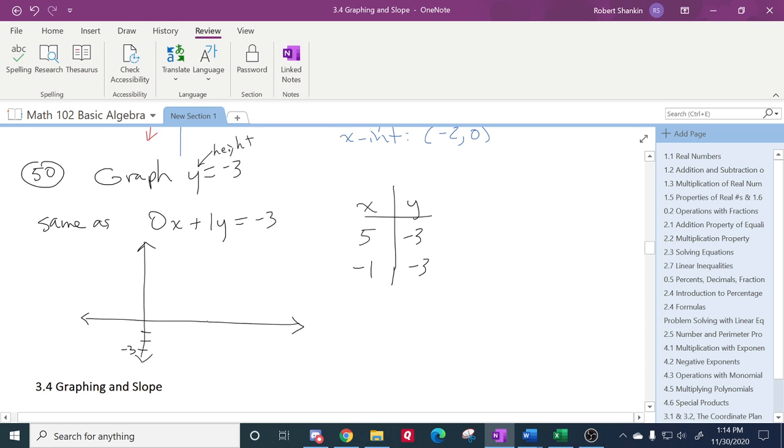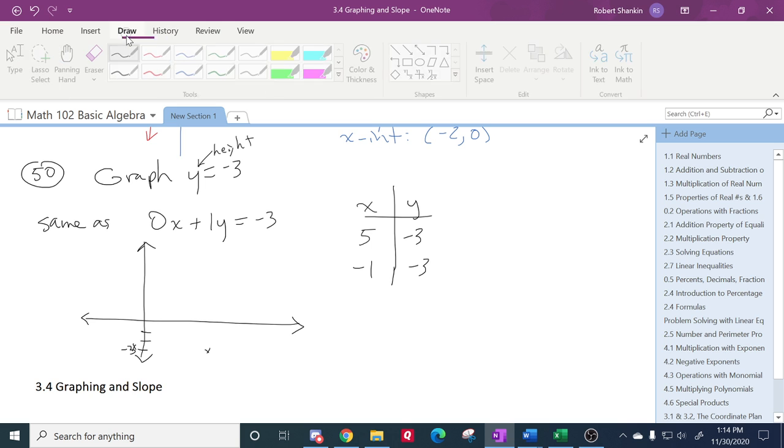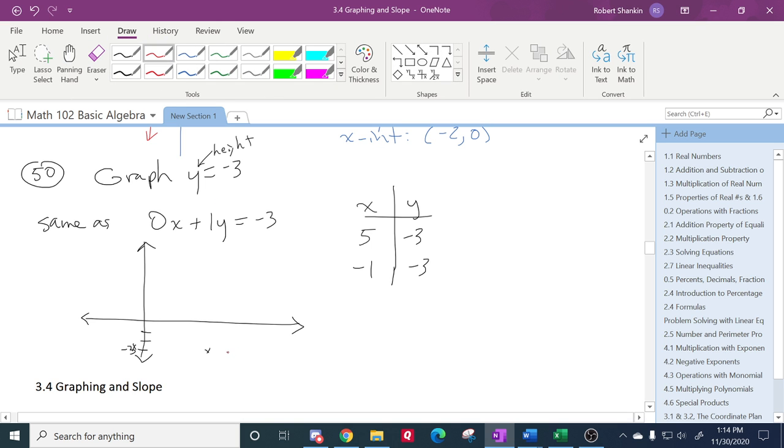And look, when you have 5, -3, you're down here. Then you have -1, -3, or over here. And then when we connect them together, we get this horizontal line.